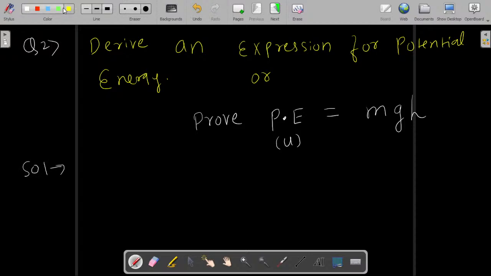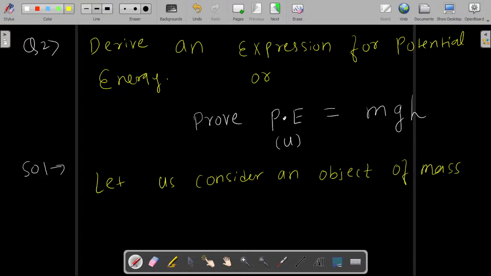So write down the answer. Let us consider an object of mass small m.